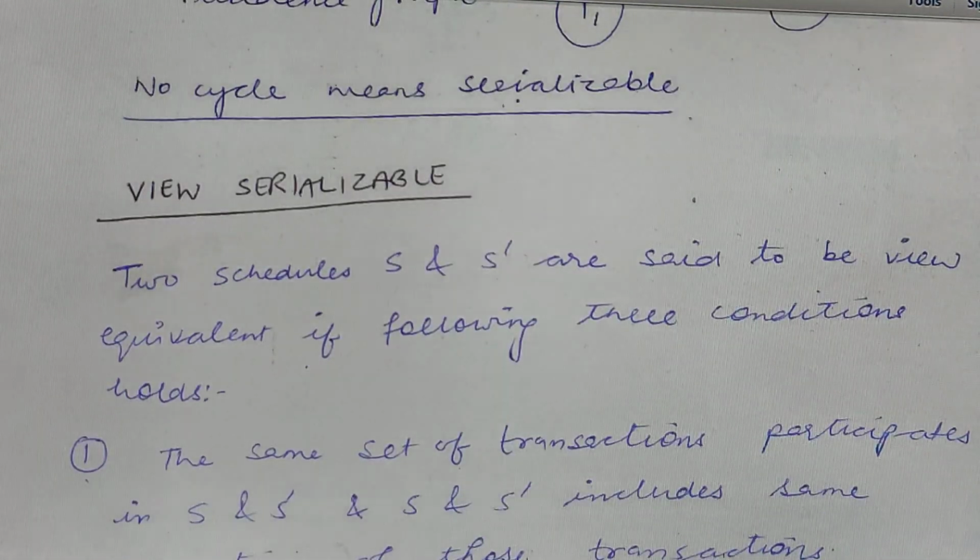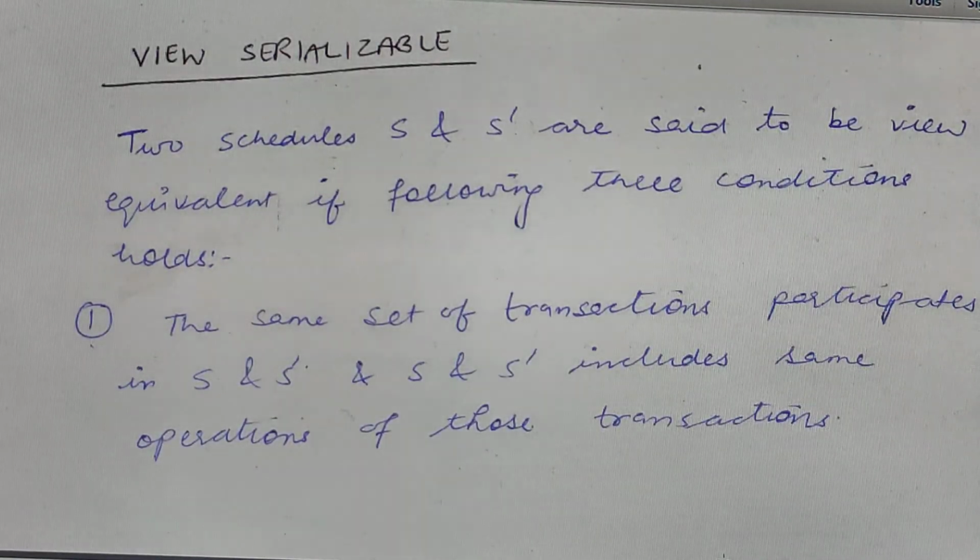Now the second type of serializability is view serializable. Two schedules S and S dash are said to be view equivalent if the following three conditions hold. The same set of transactions participate in S and S dash, and S and S dash include the same operations of those transactions.